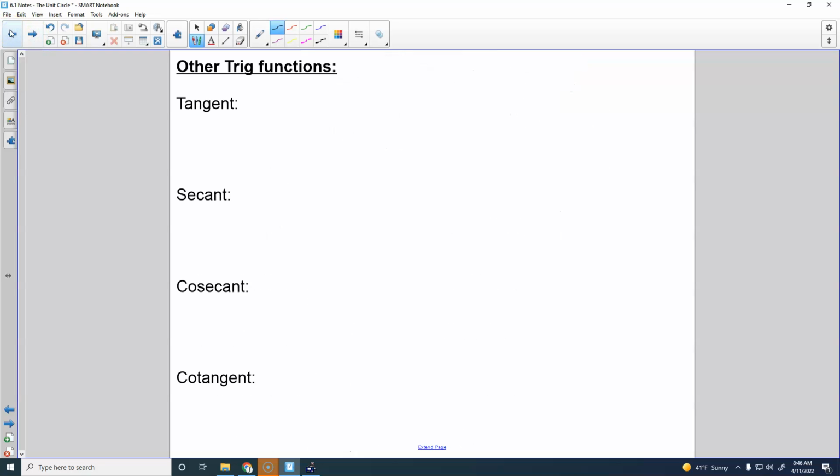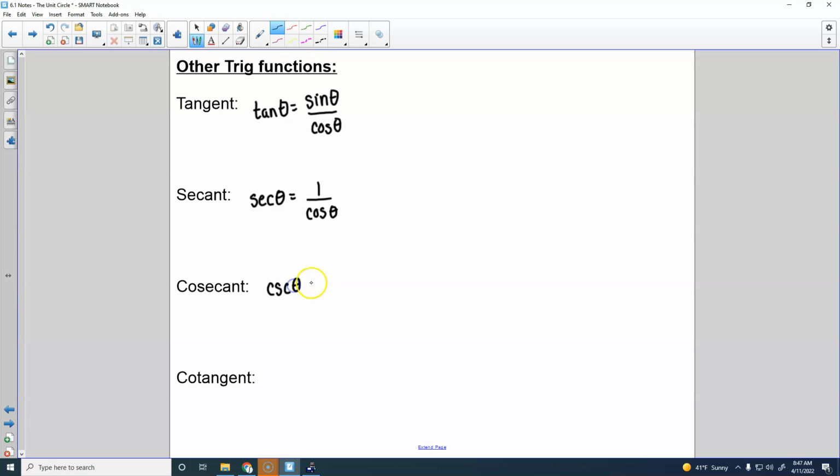For our tangent, secant, cotangent, we said tangent of theta is going to be sine of theta over cosine of theta. Secant of theta is going to be 1 over cosine of theta.